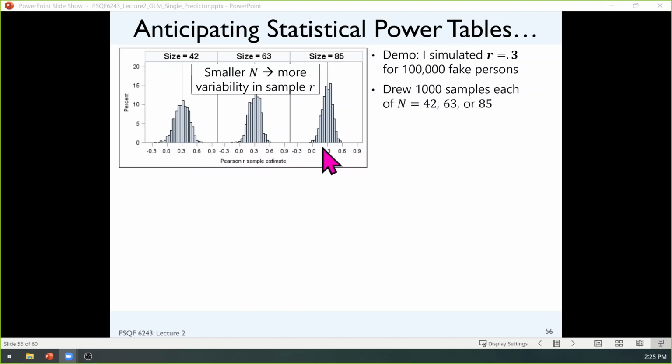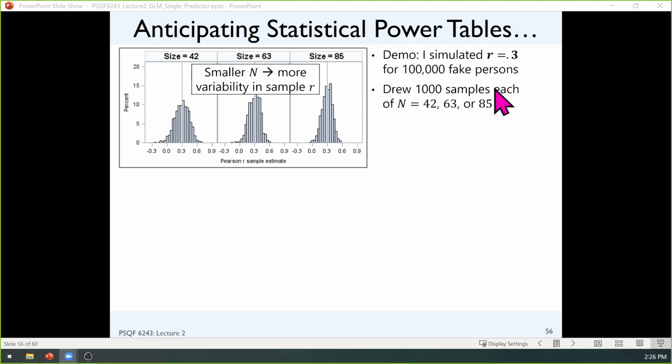Most of the correlations I find with 85 people are somewhere between 0 and 0.6, so it's not as variable. So all things being equal, you can get a more consistent estimate of effect size the more people you have. But the correlation of 0.3 holds regardless of sample size.